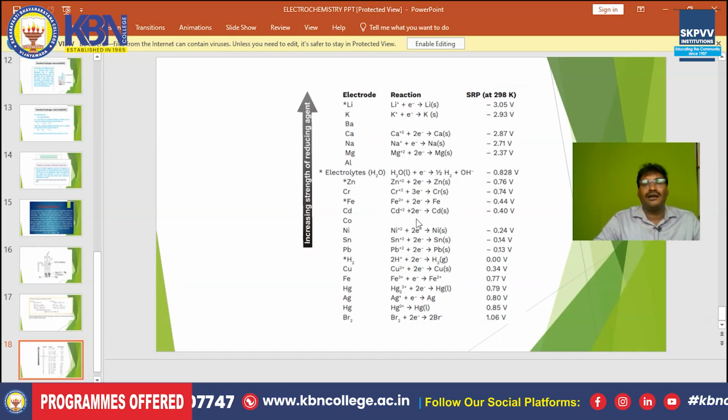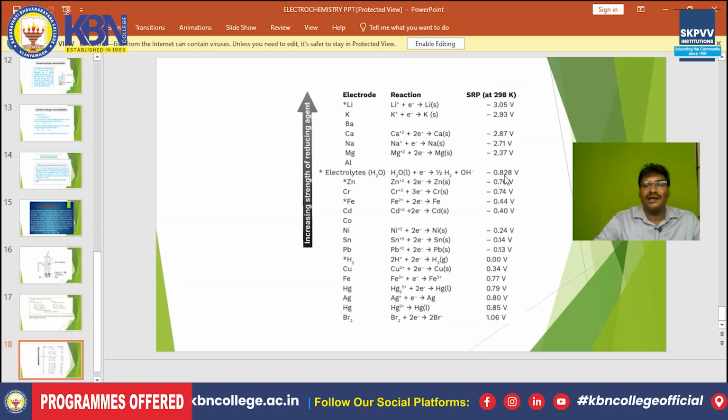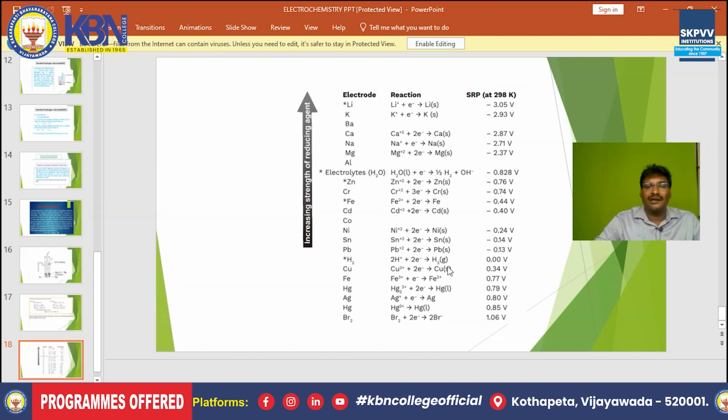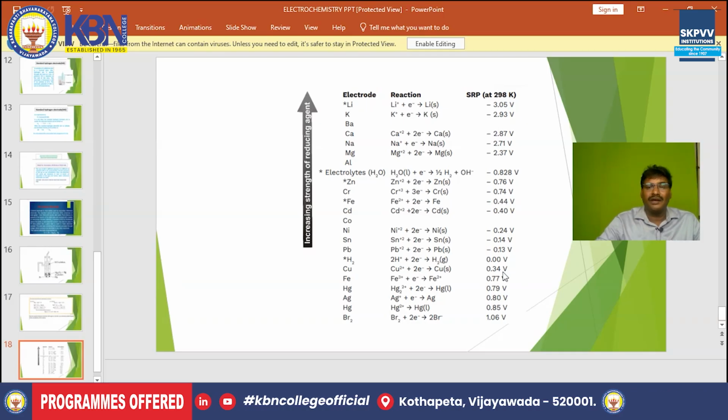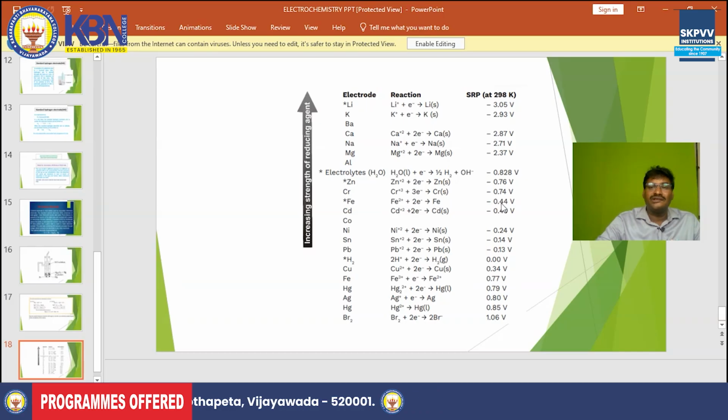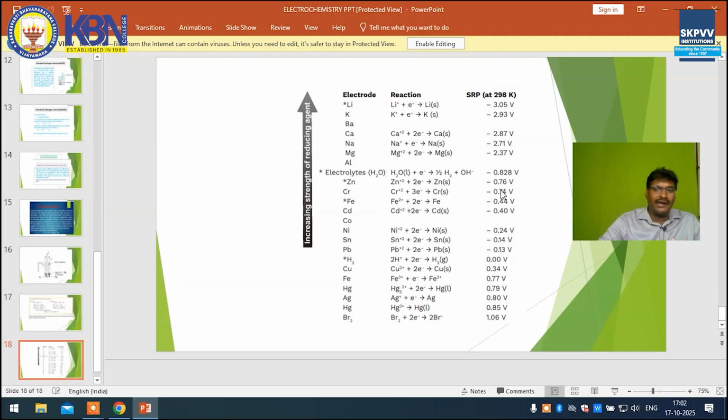For example, zinc has a reduction potential value of minus 0.76, while copper has 0.34.